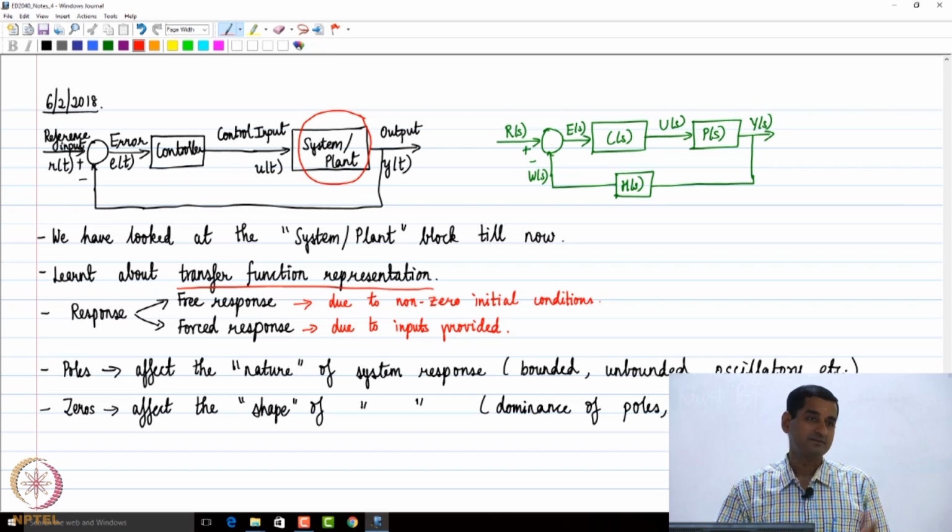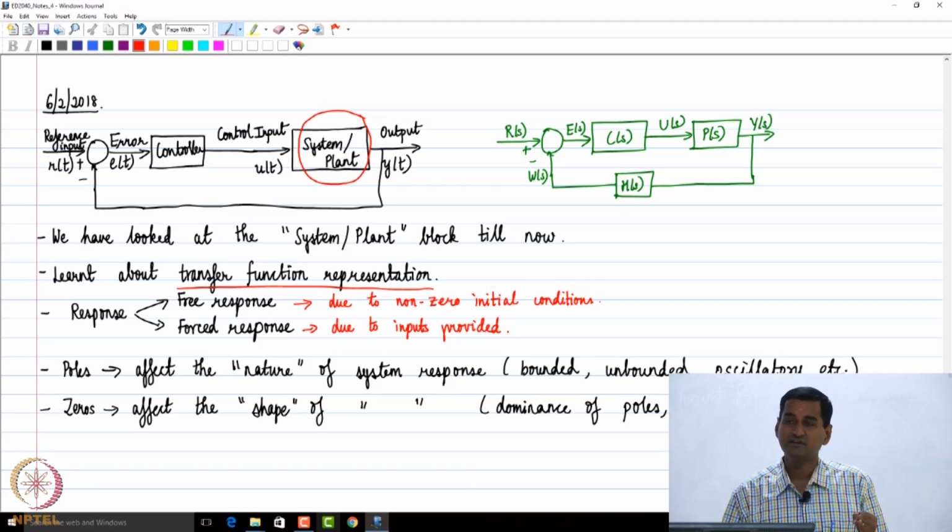In practice, you can have non-zero initial conditions and an input provided to the system. But please note that the moment we talk about transfer function representation and follow the process that we are using in this course, we implicitly assume the initial conditions to be 0. How is that acceptable?